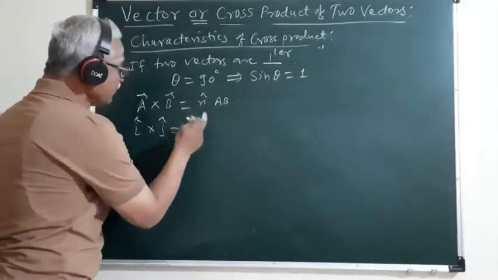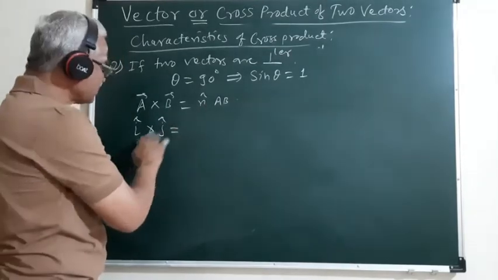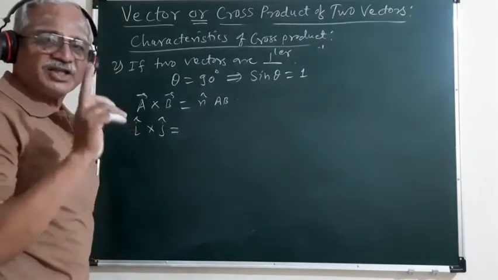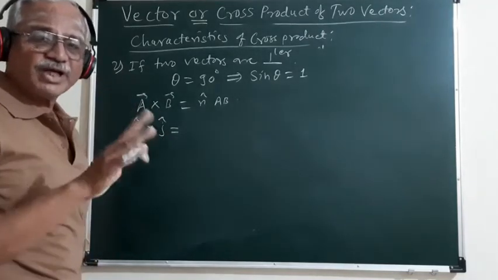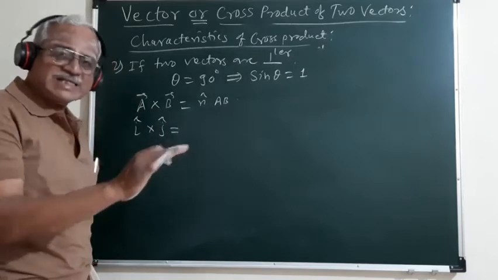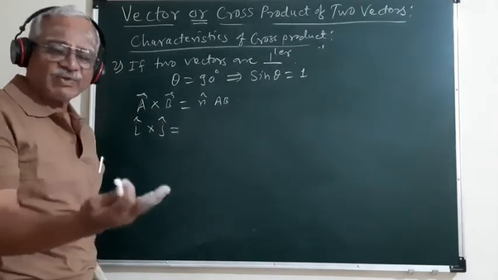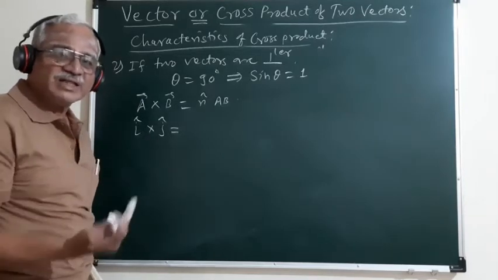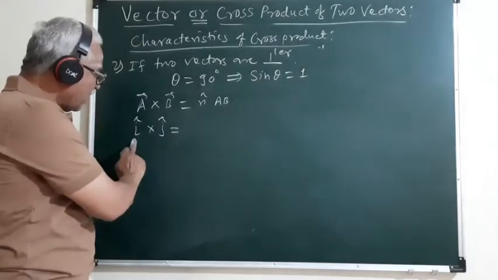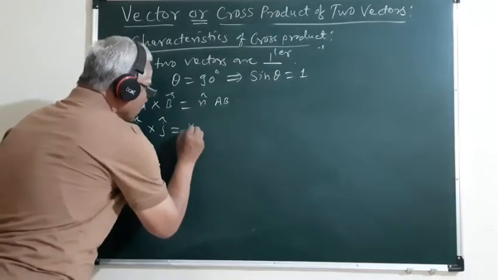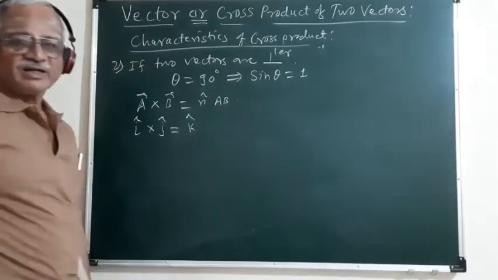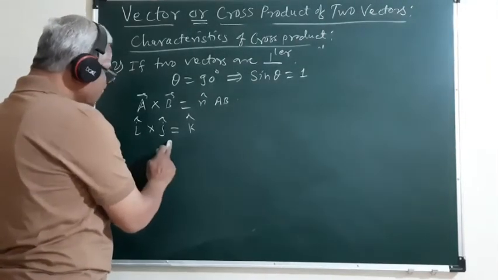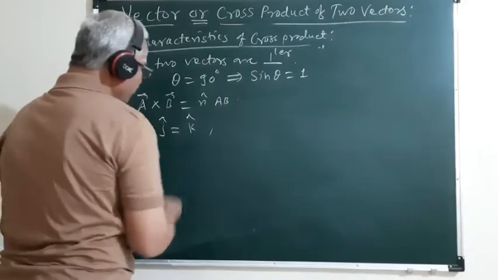So this is equal to n cap only. And in this case, what will be n cap? n cap is nothing but the unit vector in the direction perpendicular to the plane of i cap and j cap, that is perpendicular to the xy plane, and the direction perpendicular to xy plane is nothing but the z direction. So that i cross j will be equal to k cap. So i cap cross j cap works out to be equal to k cap.